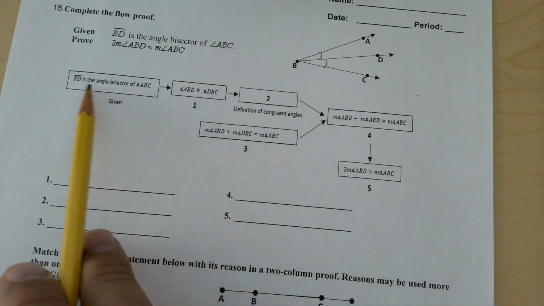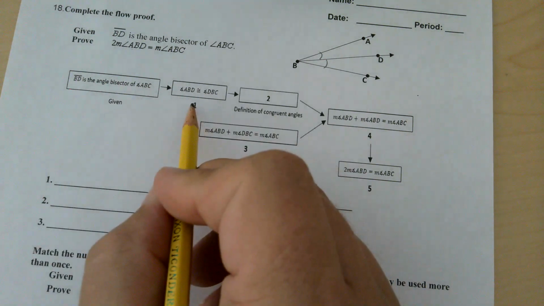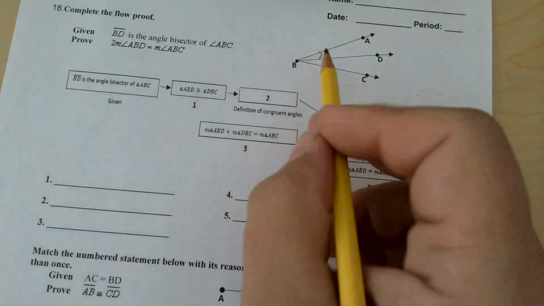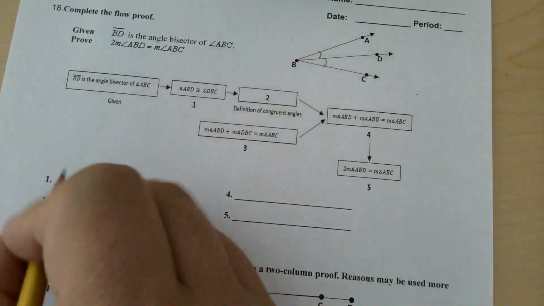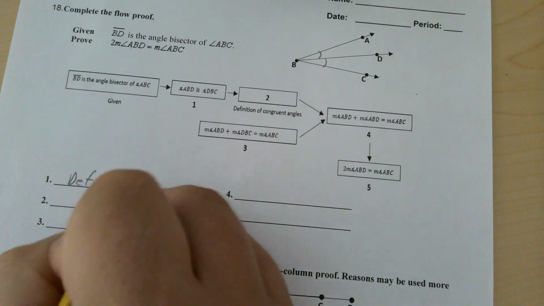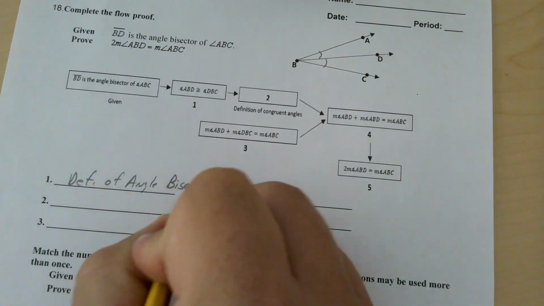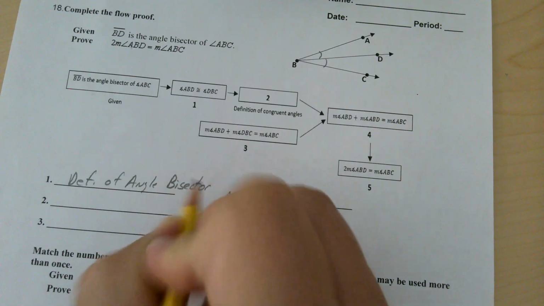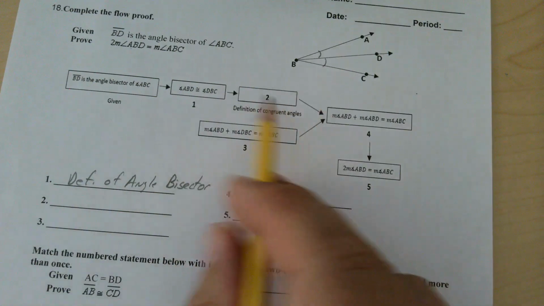So step 1, we're looking right here. We're told that this bisects, and then therefore we can say, because of the definition, as soon as I know it bisects, it divides it into 2 equal parts. So I know definition of angle bisector. Okay, we were introduced to that, a bisector, in chapter 1. Okay, and since they are congruent, I can then say they're equal.